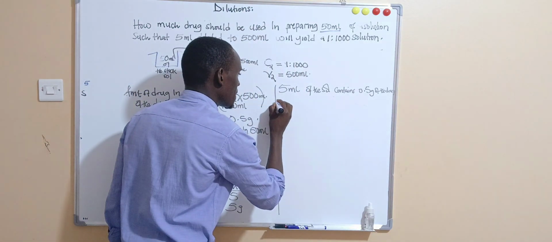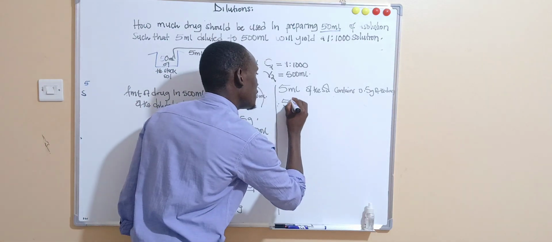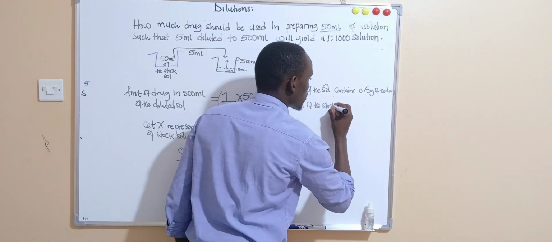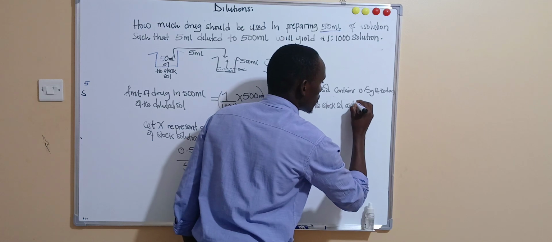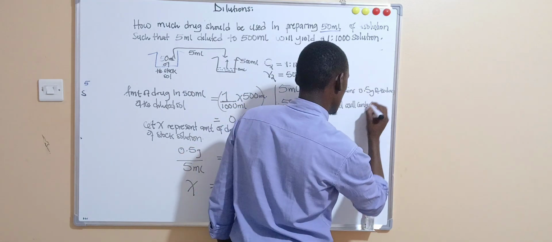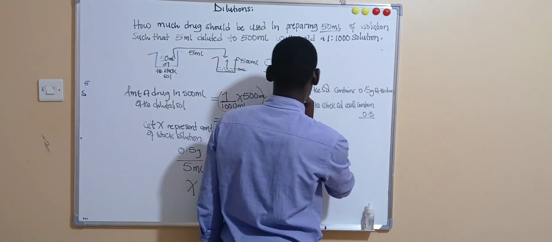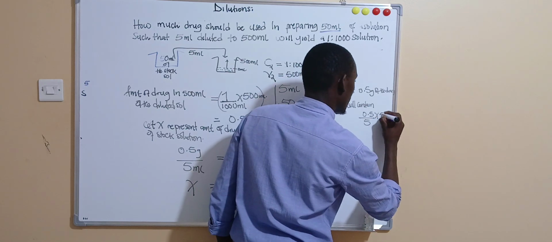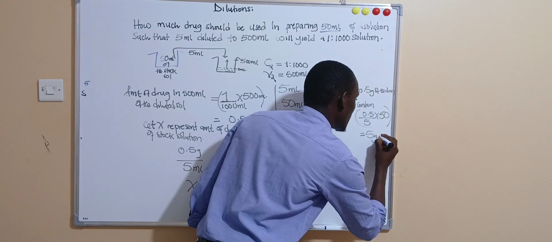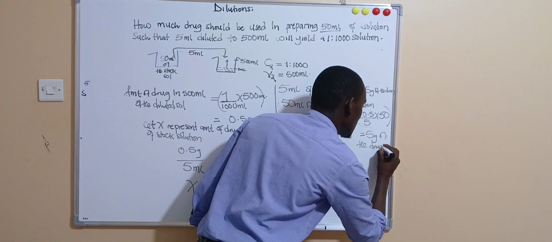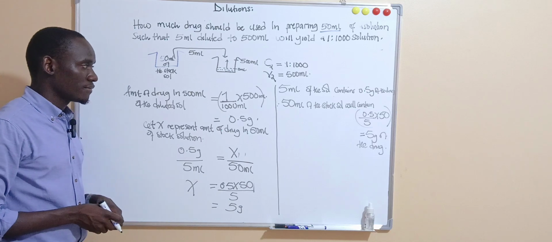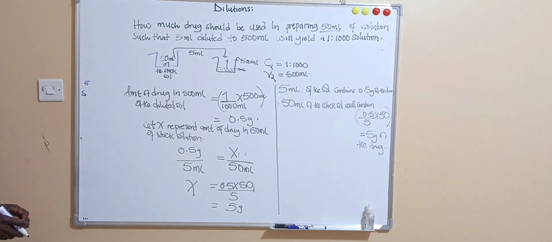Therefore, 50 ml of the stock solution will contain 0.5 out of 5 times 50, and this will give us 5 grams of the drug in 50 ml of our stock solution. Let us look at the next example.